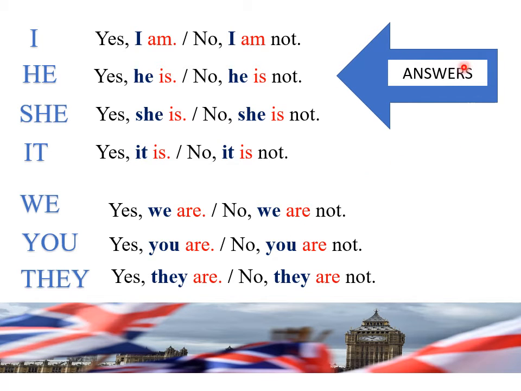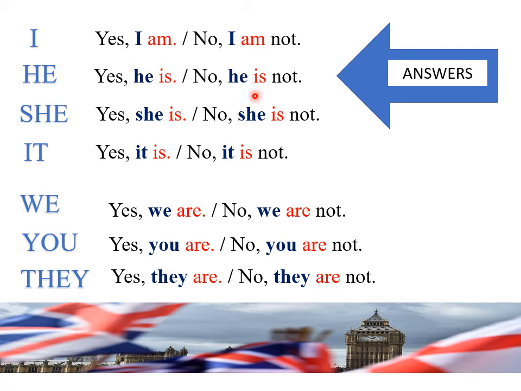Now, let's check the answers. In this case, I can have two kinds of answers, the affirmative and the negative. So with my subject pronoun I say, yes, I am. No, I am not. Yes, he is.